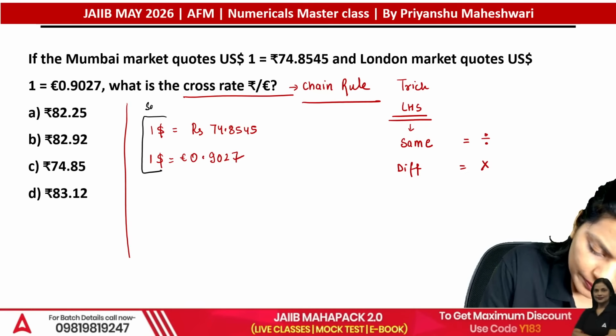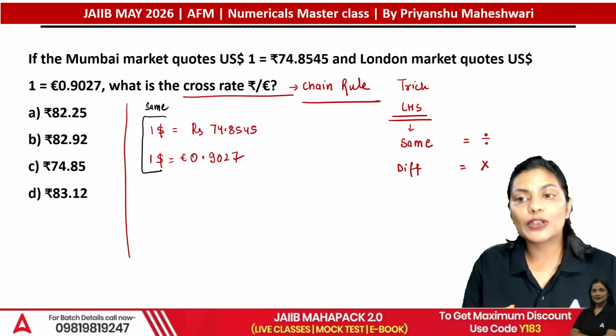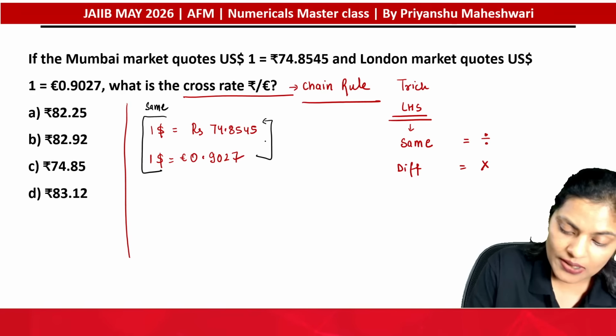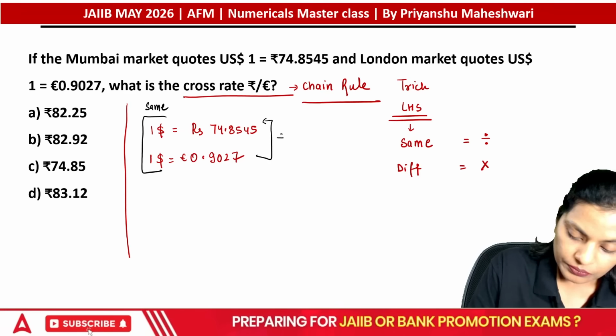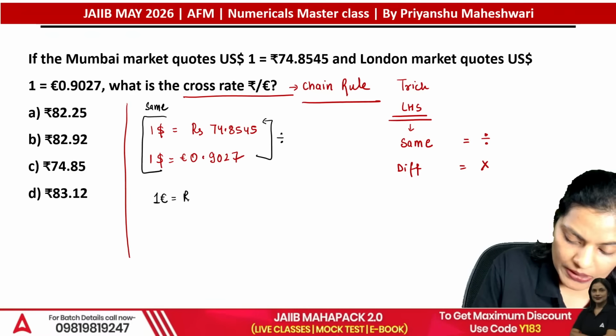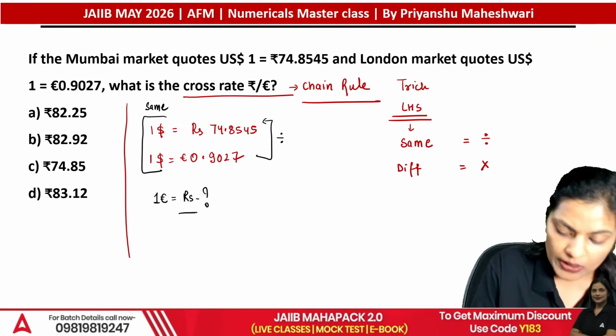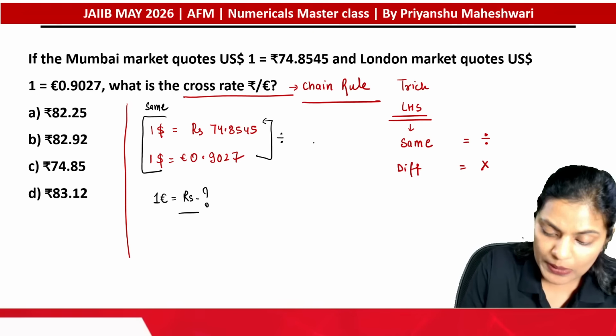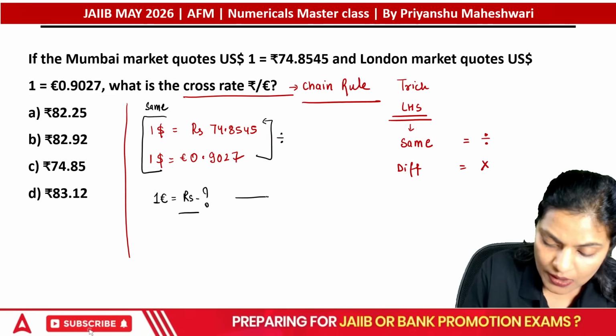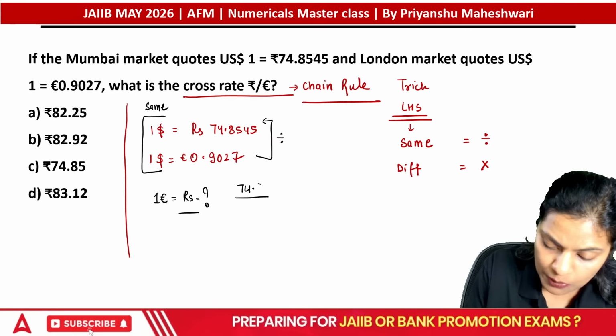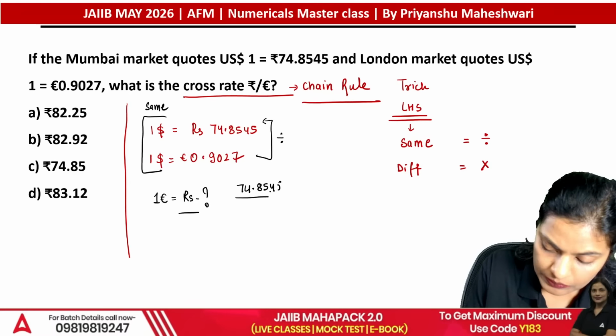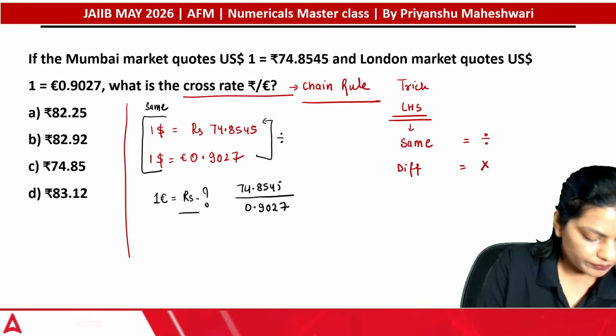This is same. Correct? If it is same, then I am supposed to divide. What is asked in the question? 1 euro is equal to how many rupees? So, if they are asking me to calculate rupees, I will keep rupees in the numerator part. If it was euro, I will keep euro in the numerator part. Divided by 0.9027.